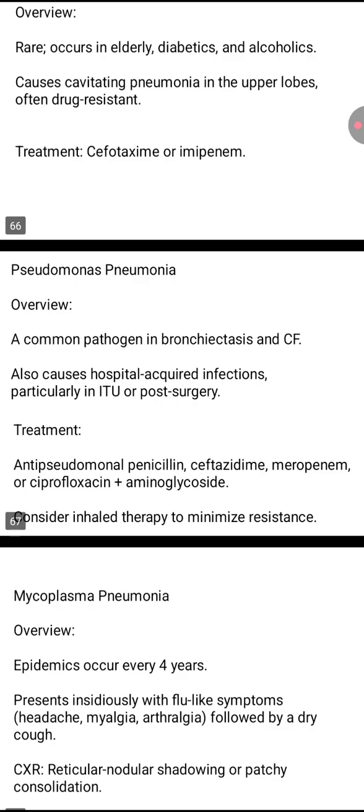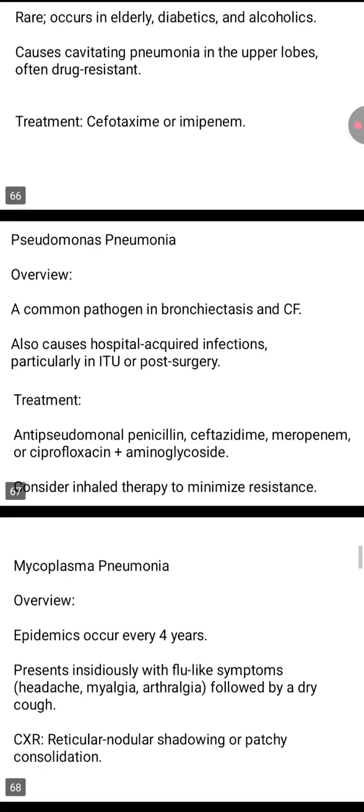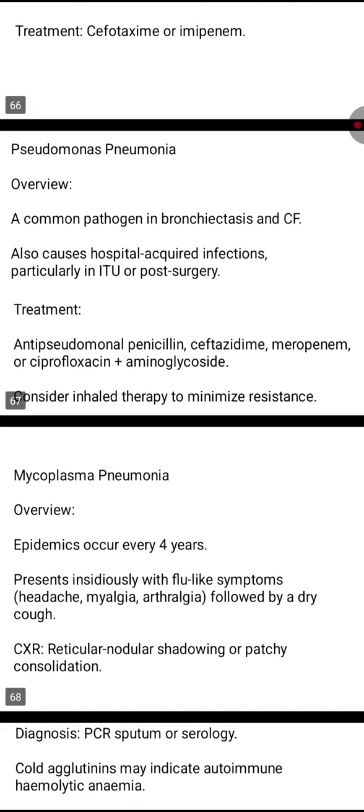For Pseudomonas pneumonia, it is a common pathogen in bronchiectasis and cystic fibrosis. It also causes hospital-acquired infection, particularly in intensive care unit or post-surgery.